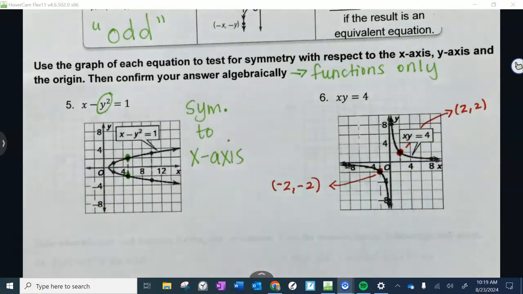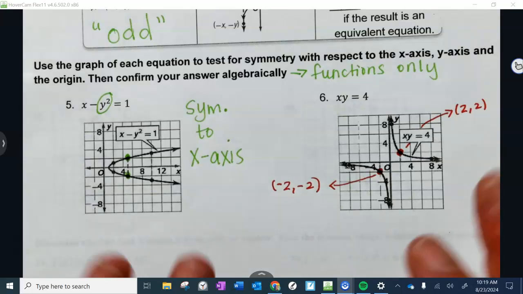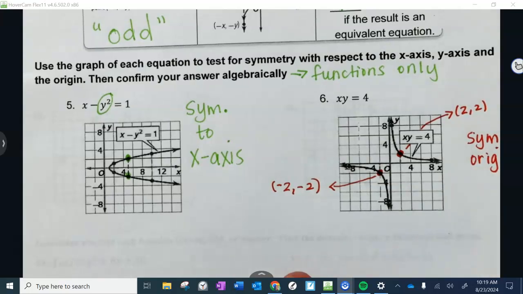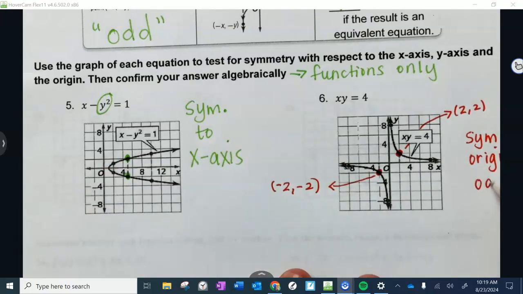Notice they are exact opposites, both the x and the y. So if everything is opposite, this is symmetrical to the origin. And if it's symmetrical to the origin, you must associate it with being an odd function.